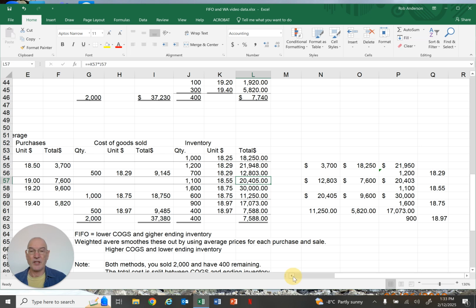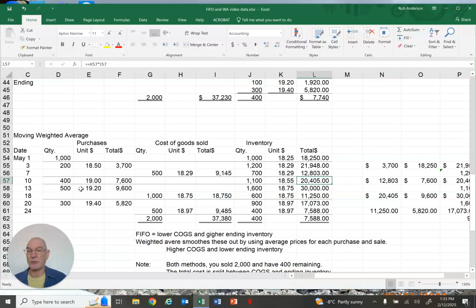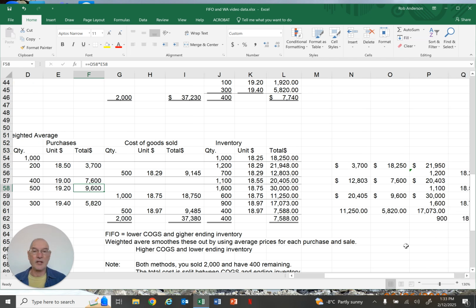Okay, now the next thing that happens is we go and we buy another 500. And these cost even more, giving us 9,600. So again, if you have Excel, you can just do what I'm doing here on Excel. I can take this number that I had before, the 20,405.